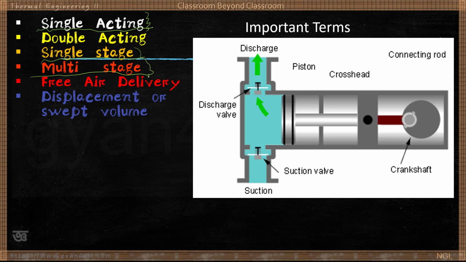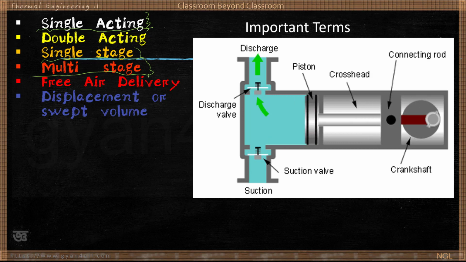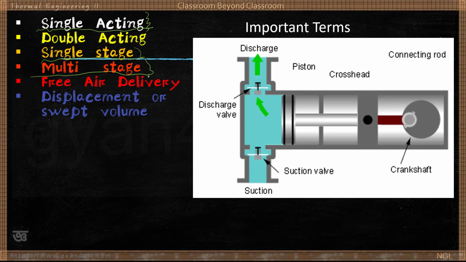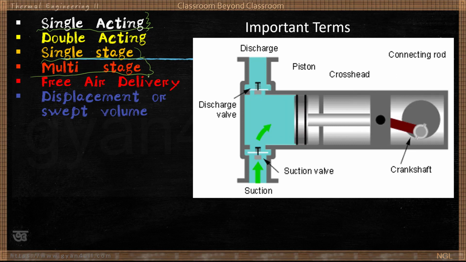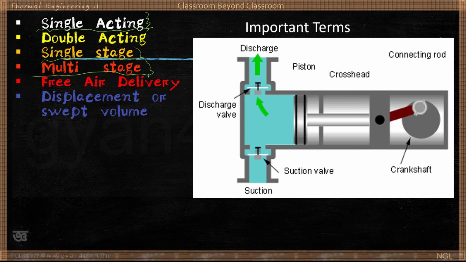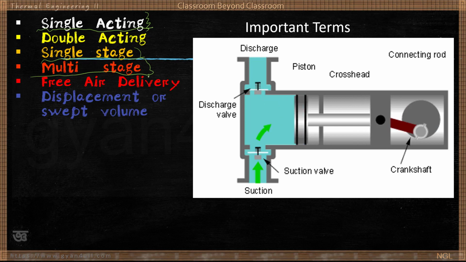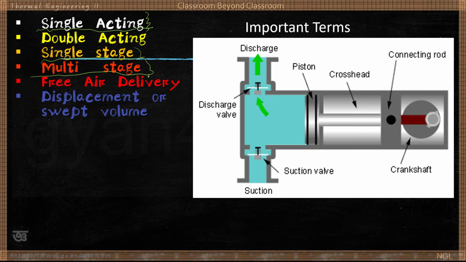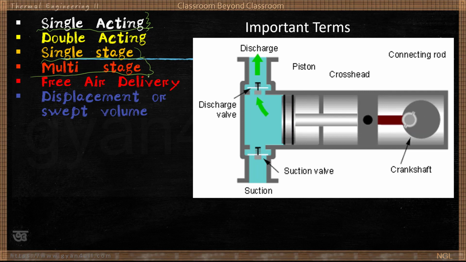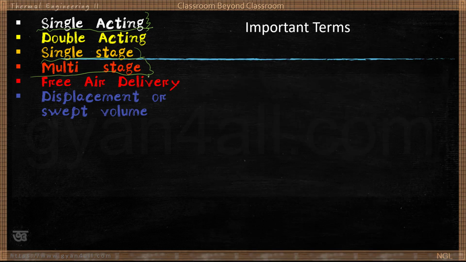The air is entering at one end of the piston. So this is a single acting reciprocating compressor. Now just imagine if air enters at the right side of the piston also, then it will be a double acting reciprocating compressor. That is also possible. So let's see how a double acting compressor works.